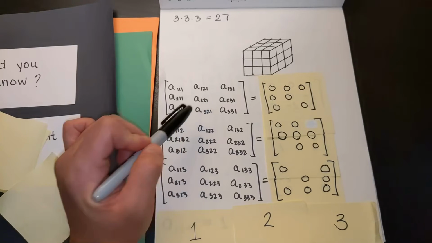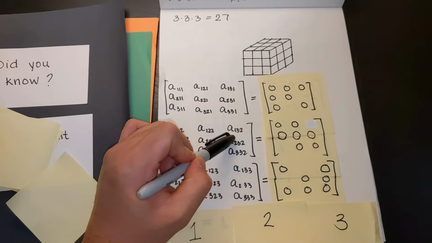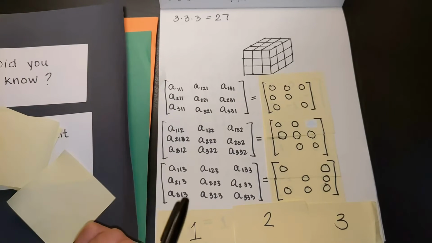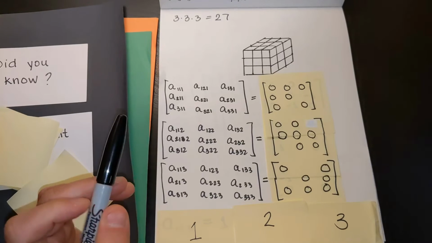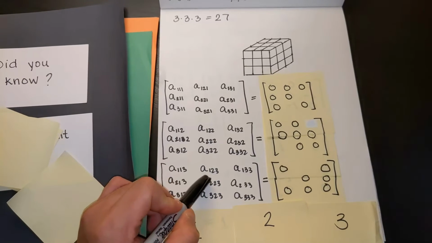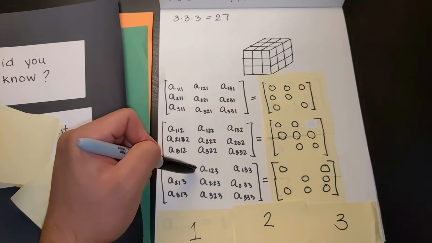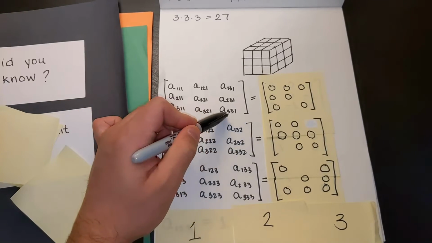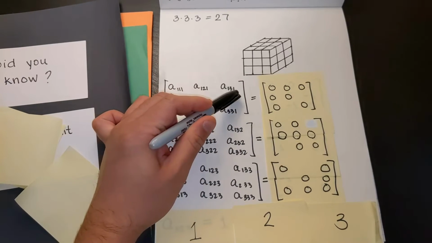Same thing for the next layer. This one has 2 3 2. The entry is 0. The only time the entry is not 0 is when the indices are different, like 1 2 3. There are only 6 of them: 1 2 3, 2 1 3, 3 1 2, 1 3 2, 3 2 1, and 2 3 1.